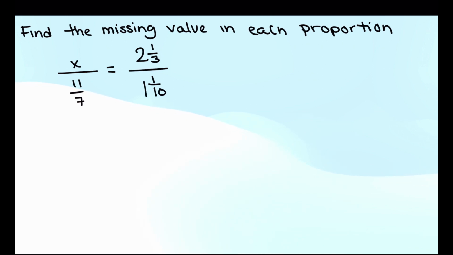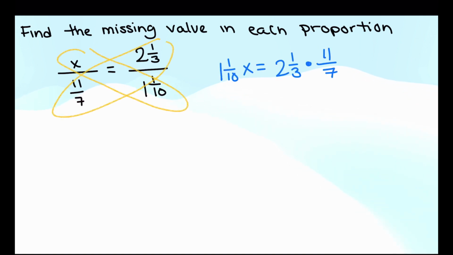Here's another example. It looks a lot more complicated with these fractions, but we're going to go through the same process. To find the missing value, the first thing we're going to do is set our cross products equal. So we're going to take 1 1/10 times x equals 2 1/3 times 11/7. So I just set my cross products equal.